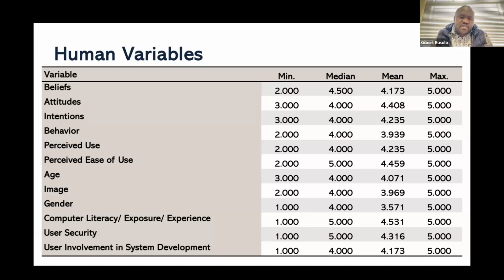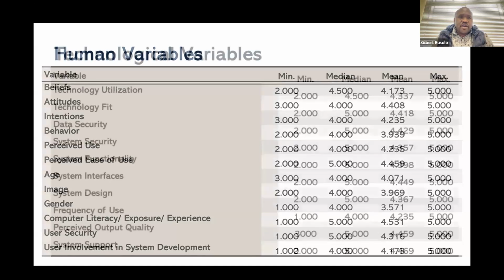The acceptance of a technology is higher when the users are involved right from the start. Other issues like the behavior, other issues like the image and gender scored a little bit lower, cementing the fact that these can cut across both genders.